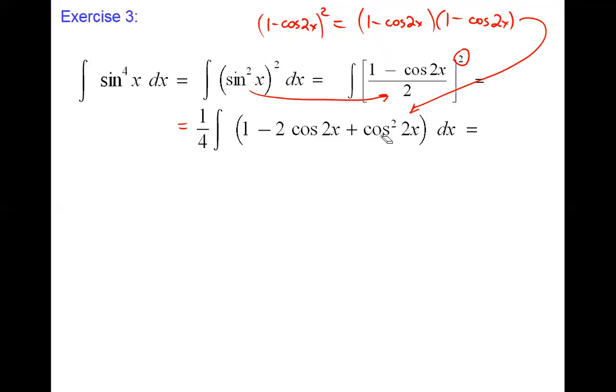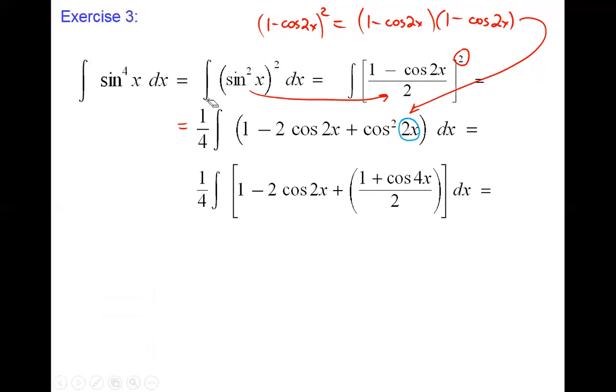But what I do have is another square, another cosine function taken to the power of an even number. I will place the half angle formula again. The only thing is we have to note that this angle is half, which in my formula I will see as 4x. That means I still copy 1, I still copy this function, and now cosine square of 2x, using the half angle formula, is 1 plus cosine of 4x over 2.